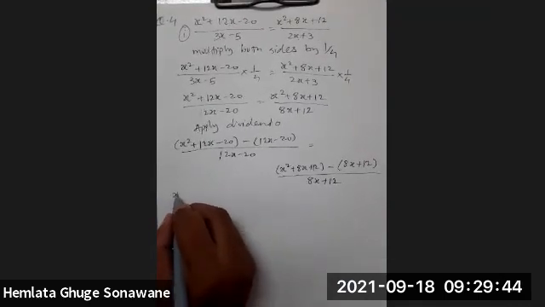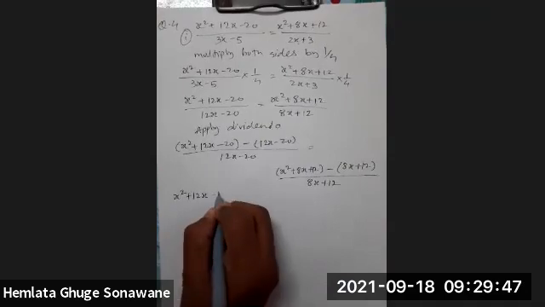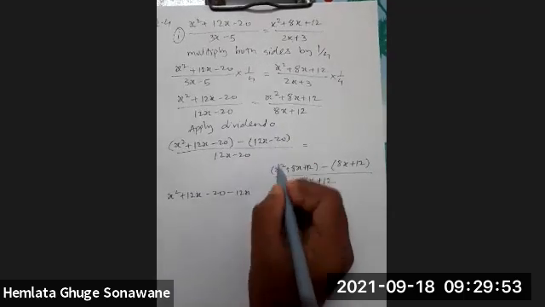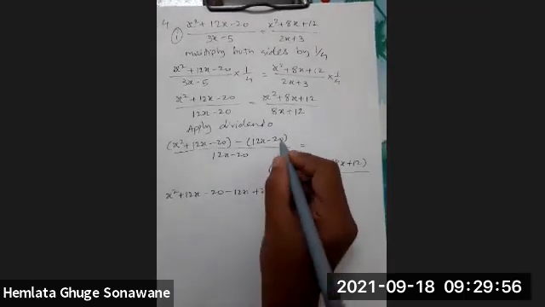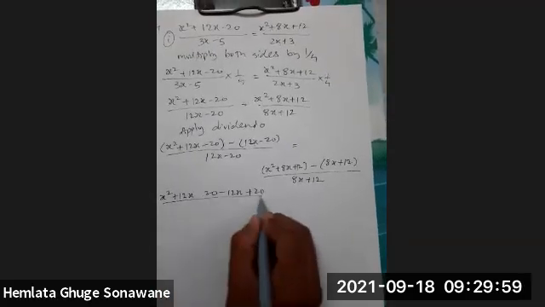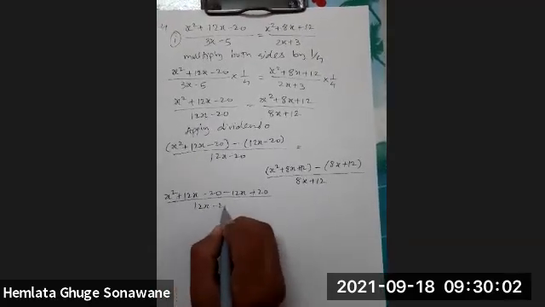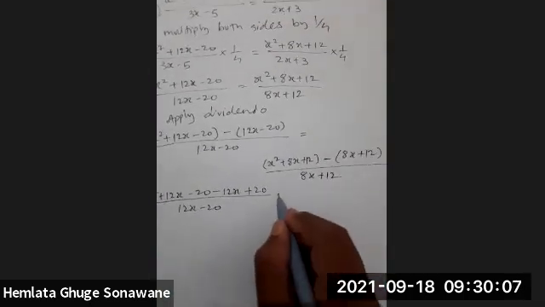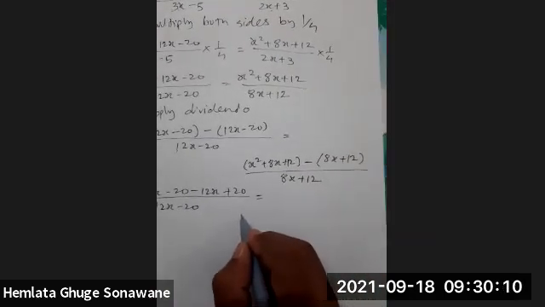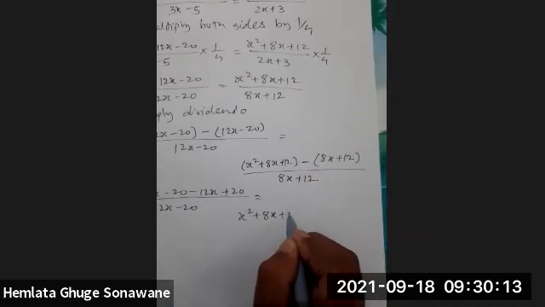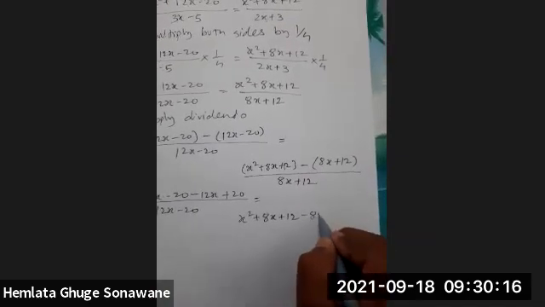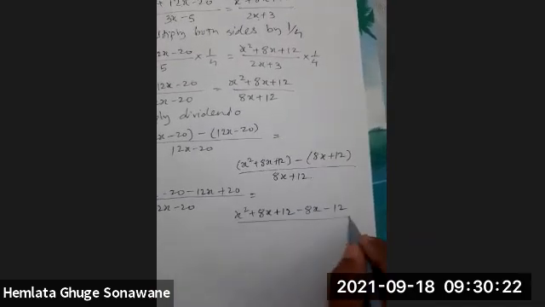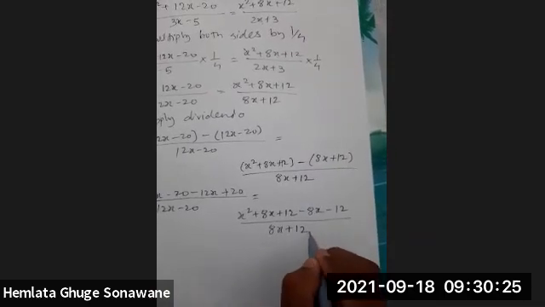It becomes x square plus 12x minus 20 minus 12x. We'll remove the bracket. Minus minus becomes plus, so 20 becomes plus, upon 12x minus 20. For this also we'll remove the bracket. We'll simplify this. So it becomes x square plus 8x plus 12 minus 8x, minus plus becomes minus 12, upon 8x plus 12.